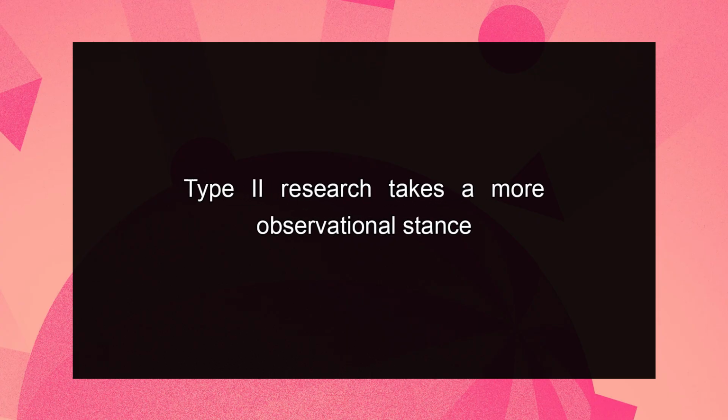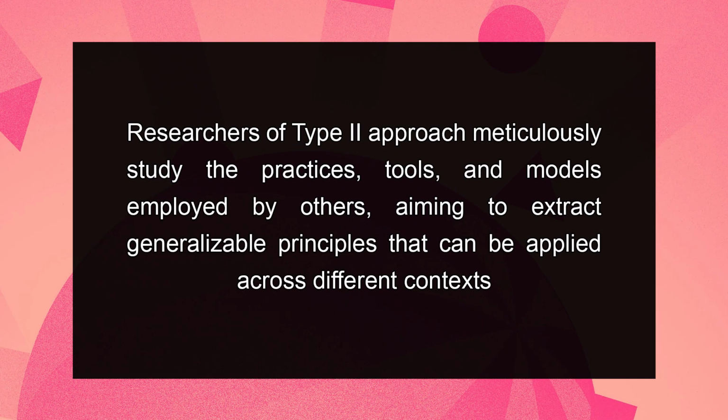Further, type 2 researcher takes a more observational stance. Researchers in this approach do not directly participate in the development process, but rather examine it from a distance. They meticulously study practices, tools and models employed by others, aiming to extract generalizable principles that can be applied across different contexts.